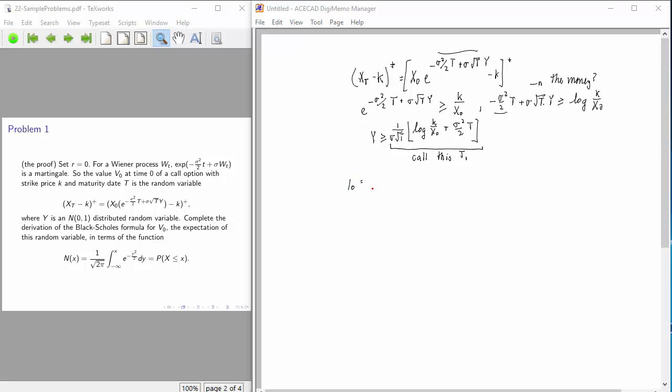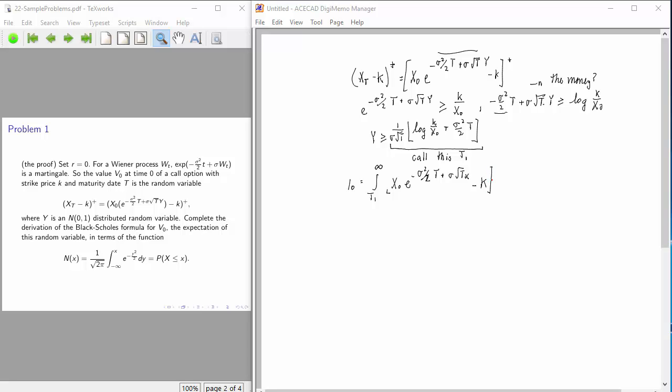The value of our call option is the integral from this lower limit t1 to infinity, that is over all the values where the option is in the money, of initial price times the exponential of minus sigma squared over 2 times t plus sigma square root of t times x, minus k.